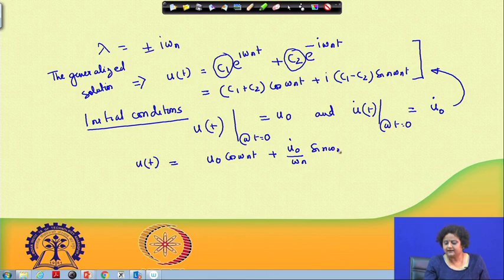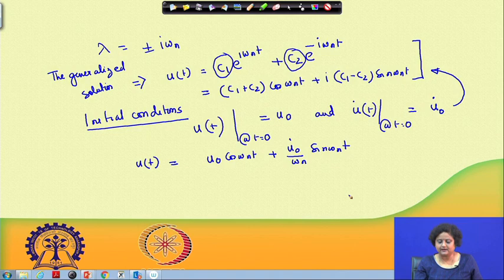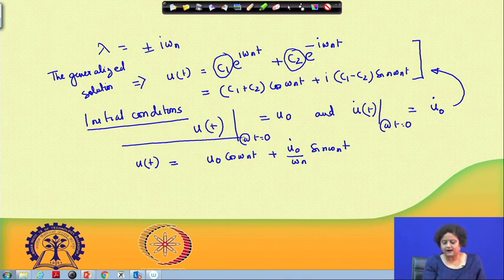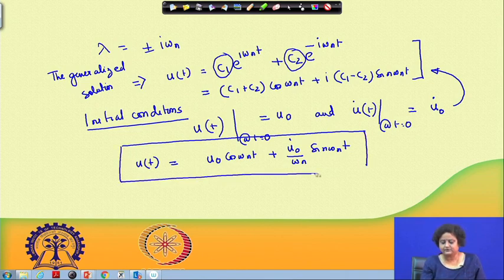I am skipping a couple of steps in between, but these are very easy. One should be able to derive this. I am just plugging these values into this expression, and I am expressing C1 and C2 in terms of my initial conditions, that is u0 and u dot 0. And therefore, my response finally becomes like this.